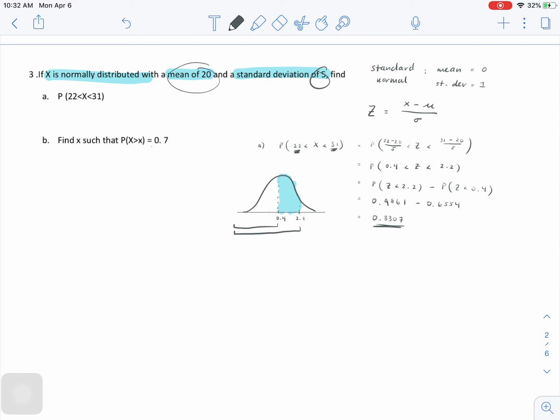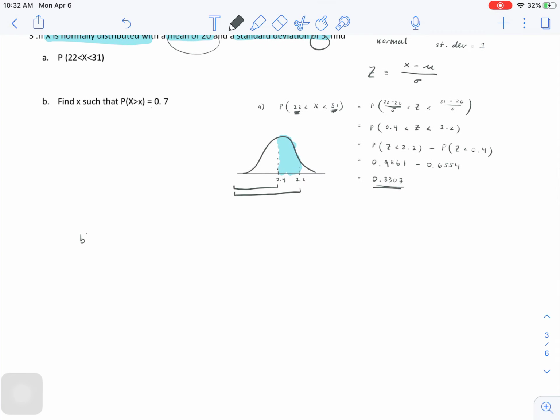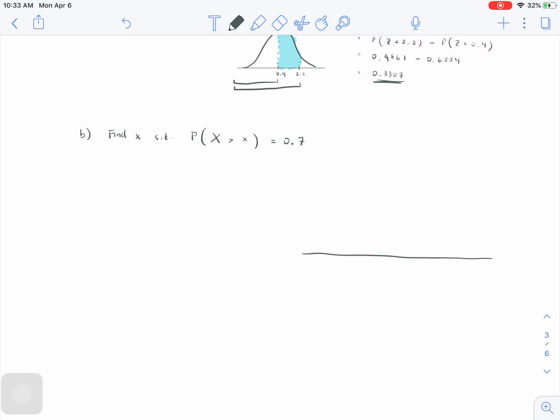Now for part B. I want to find x such that the area to the right of it is 0.7. That's the same thing as finding, let me draw a bigger area here, the z-score with an area to the right of 0.7.